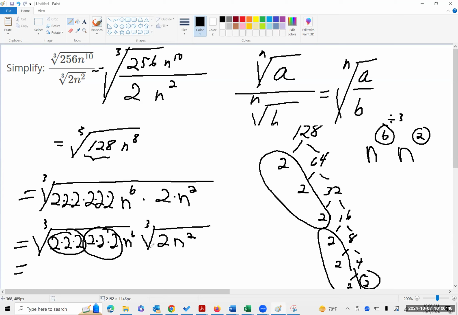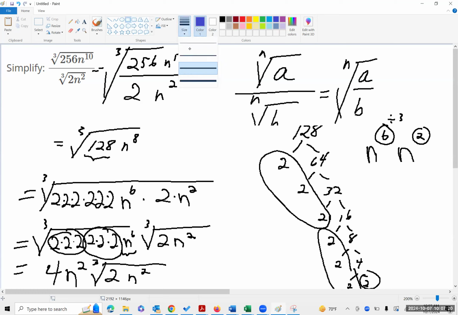For those two 2's, when I multiply them, I get a 4. N to the 6th, the cube root of that is n squared. Basically, 6 divided by 3 is 2. And then just leave the rest inside the cube root radical.